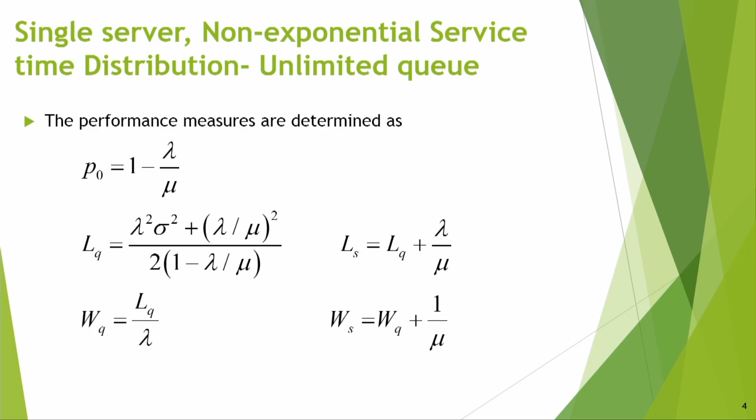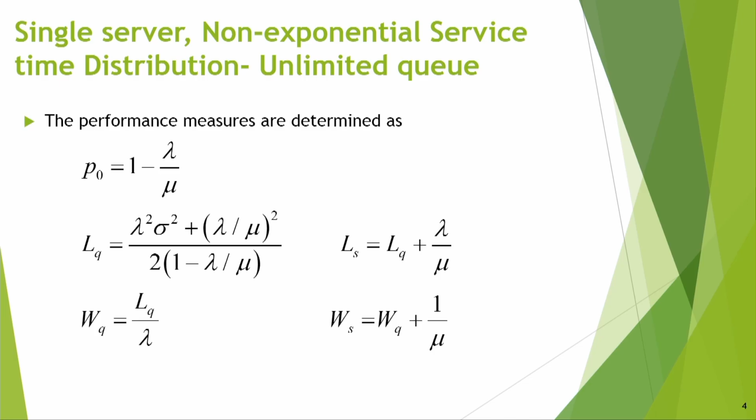I am not going to give the complete derivation, but you know these are the formulas. The performance measures are determined as P0 is equal to 1 minus lambda by mu. Here P0 is the probability that the system will be empty or there will be 0 customers in the system, that is 1 minus lambda by mu.